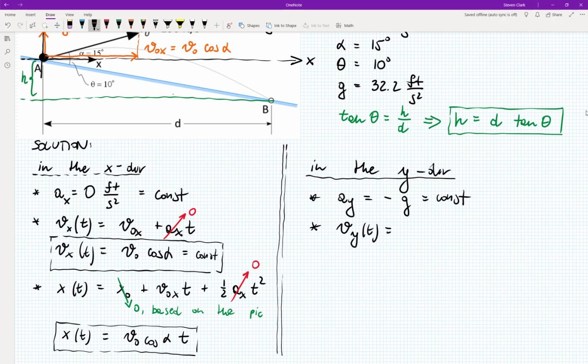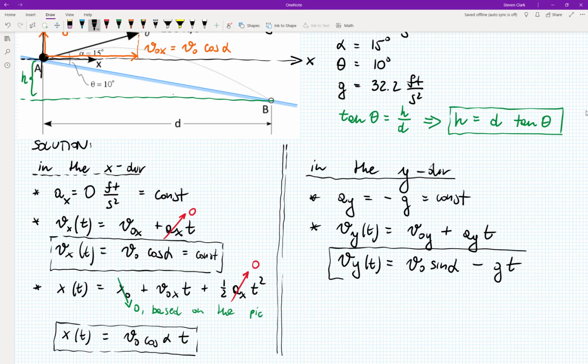Vy of t is equal to v0y plus ay t. Let's fill it out. So our Vy of t will be v0 sine alpha minus gt, right? Okay, so now our velocity is a linear function of time, yes? Because our acceleration was constant and not zero.